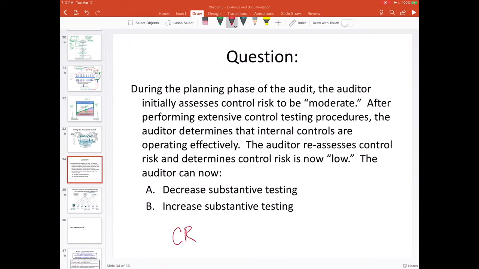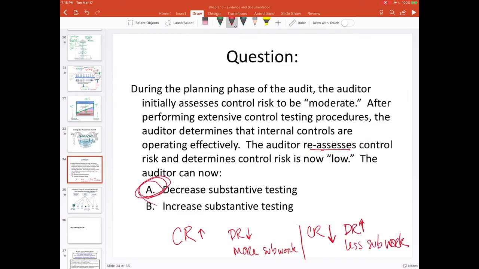So at first I thought control risk was moderate, so I thought control risk was higher, which meant my substantive testing would have been greater, more substantive work. But now, after the reassessment, control risk is lower, which means I get to do less substantive work. Hopefully you got a decreased substantive testing.